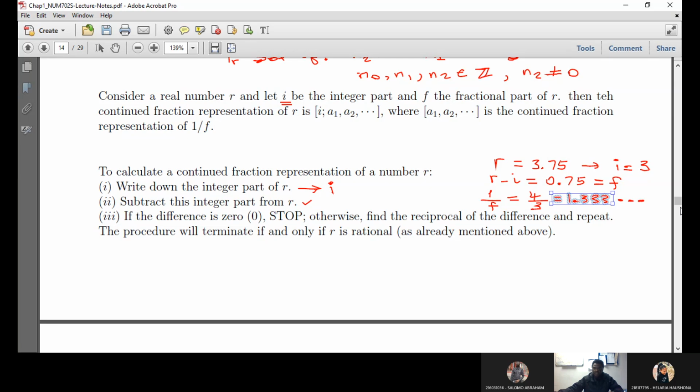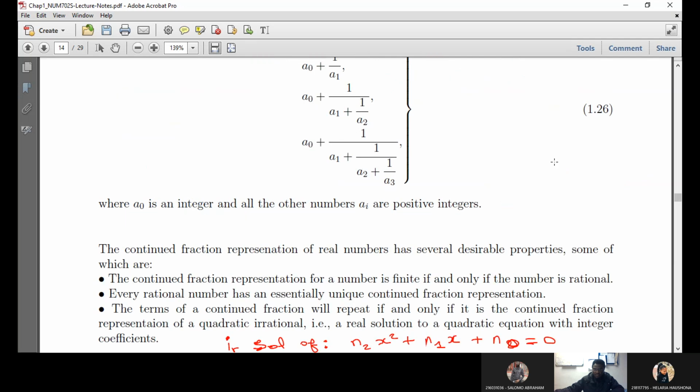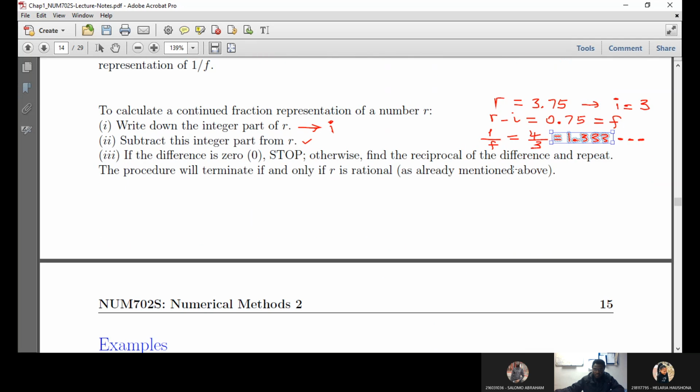So 3 will repeat indefinitely. Okay, so this is where we are with this. One point 33333, and okay, so we repeat the same process. Now the new integer part will be 1, and the fractional part will be 0.33. So you keep doing that.